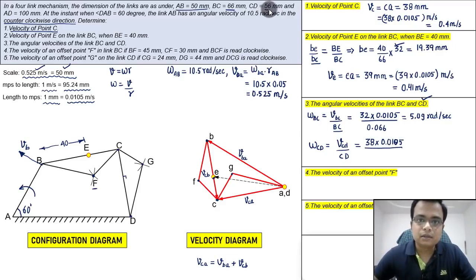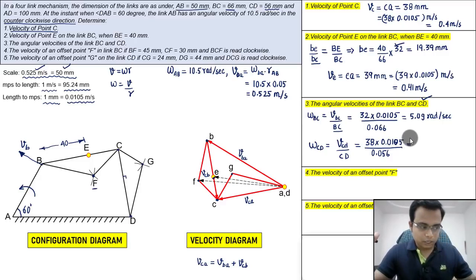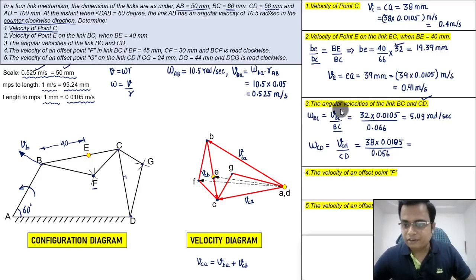What's CD? That's 56 millimeters, and you just put this value 0.056 in meters. Just do the math. This is going to work out as 7.125 radians per second. So that's it, guys.